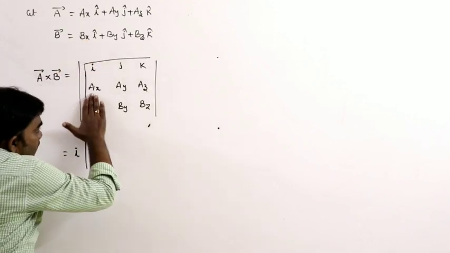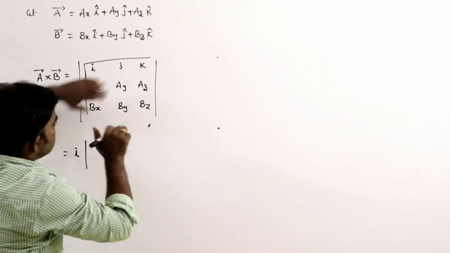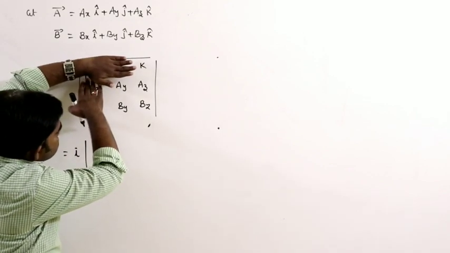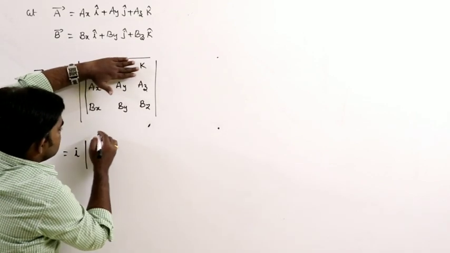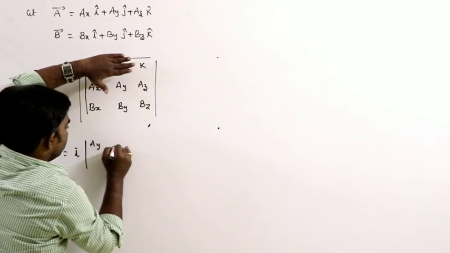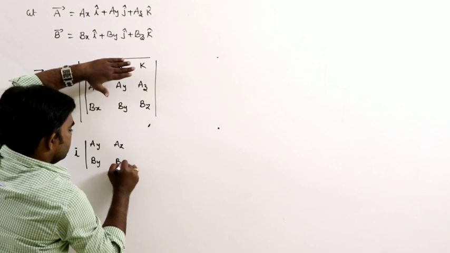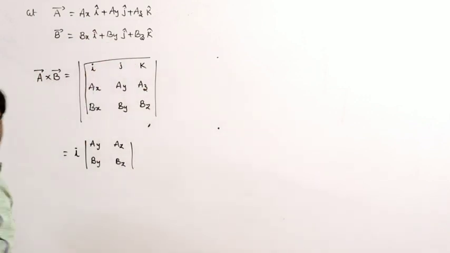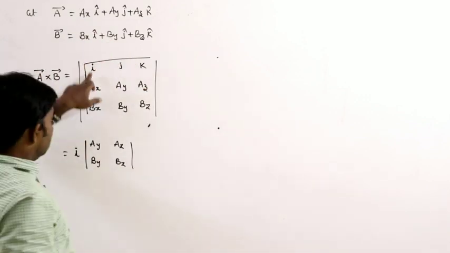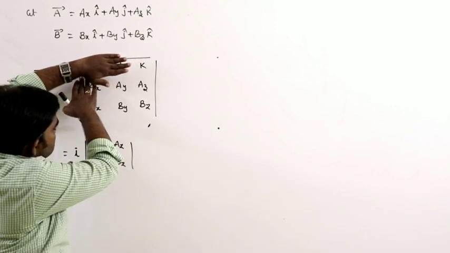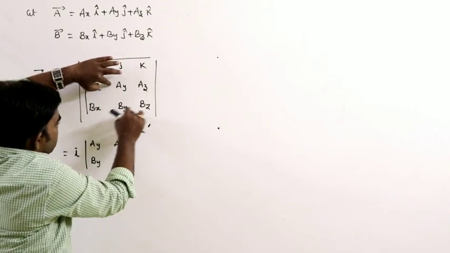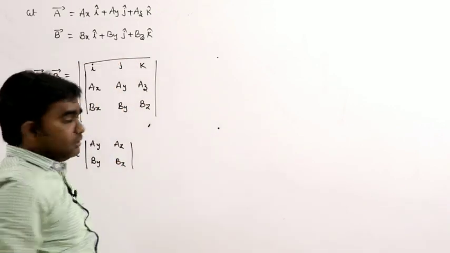Forget about this column and this row. What are the remaining values here? Ay, Az and By, Bz. So to find the multiple of I, we write Ay, Az, By, Bz.